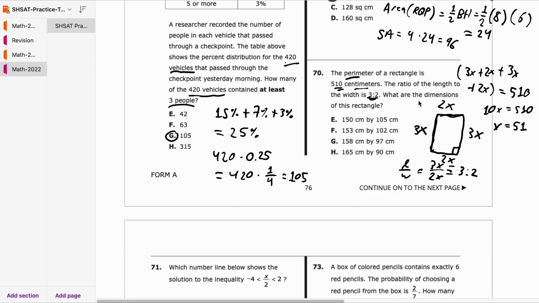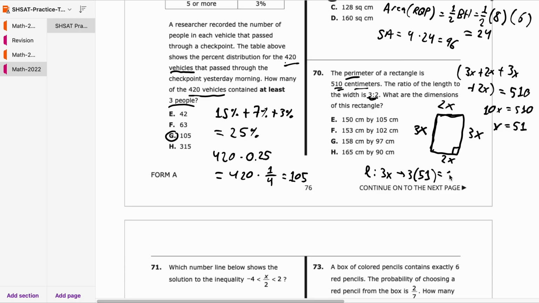So we want to know the dimensions now, so let me clear up some space. Okay, so let's first solve for the length. So the length is 3x, and this is 3 times, we solved for x, we know that that's 51.